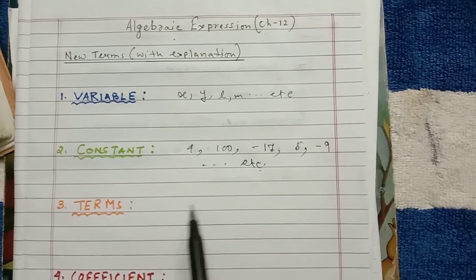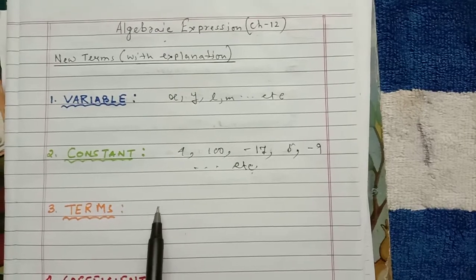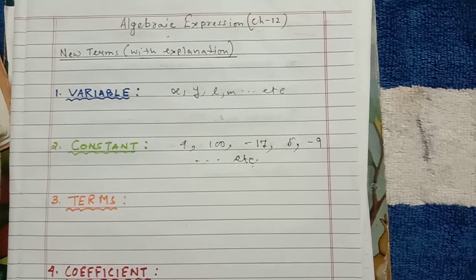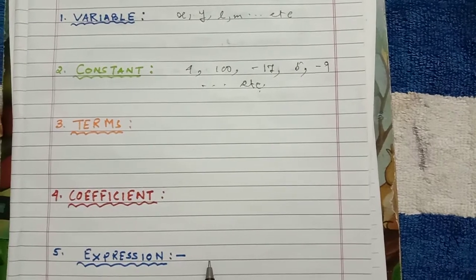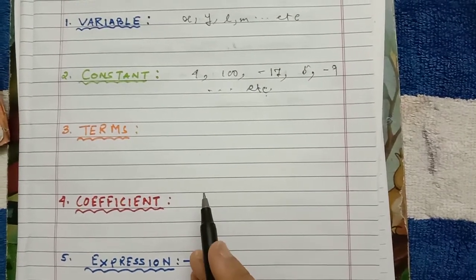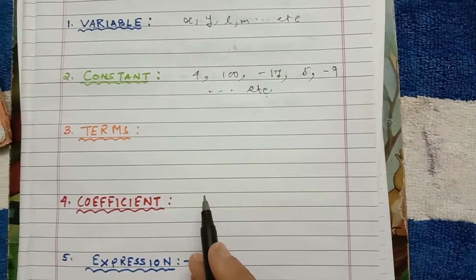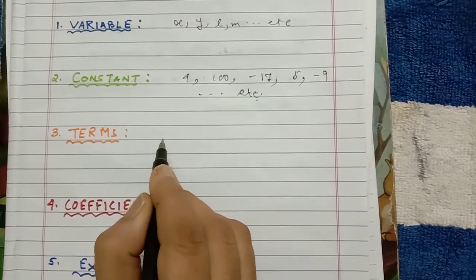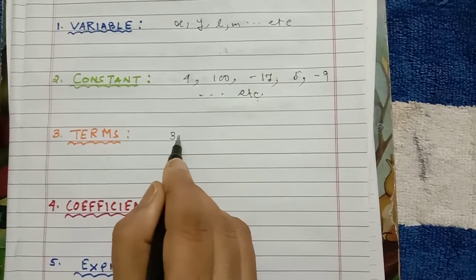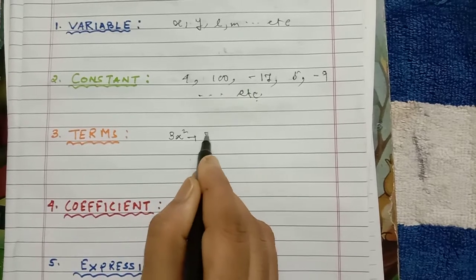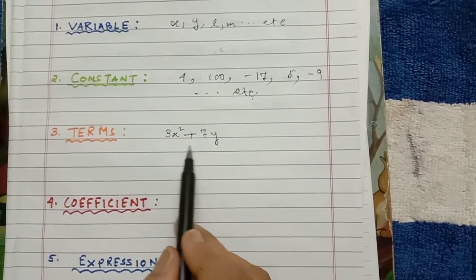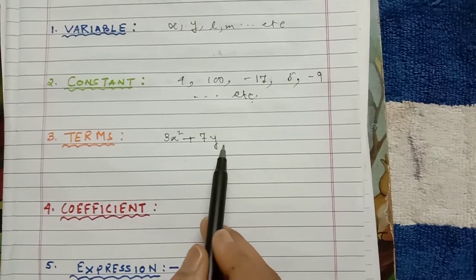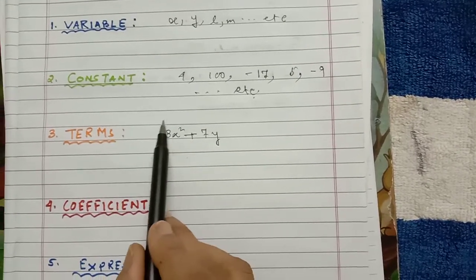Now come to the word terms. We shall see the systematic way in which expressions are formed. Say we are taking one expression, say 3x square plus 7y. Now see, this is an algebraic expression and here we are getting two terms.